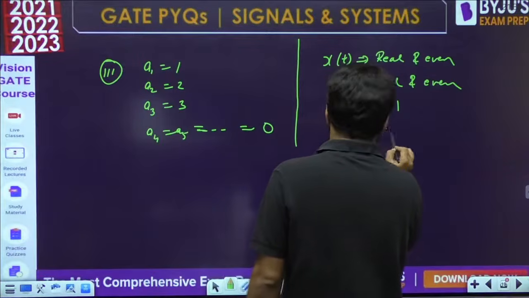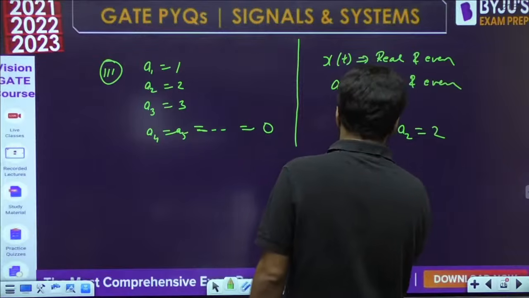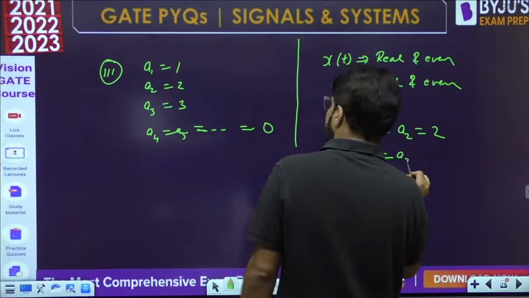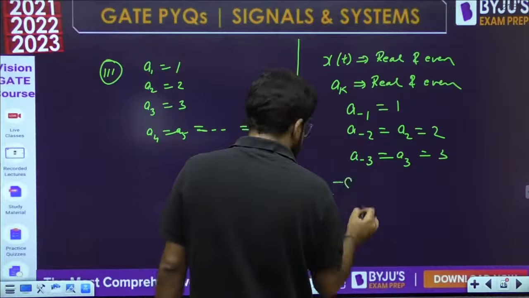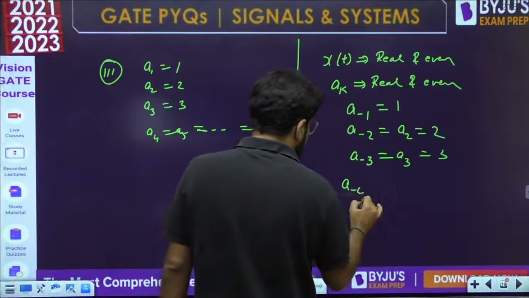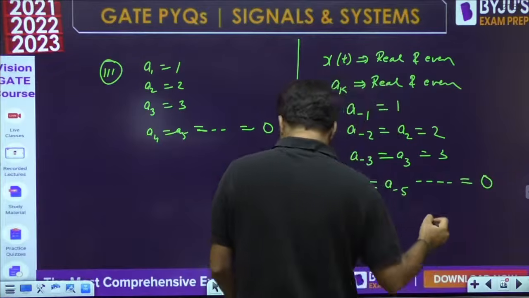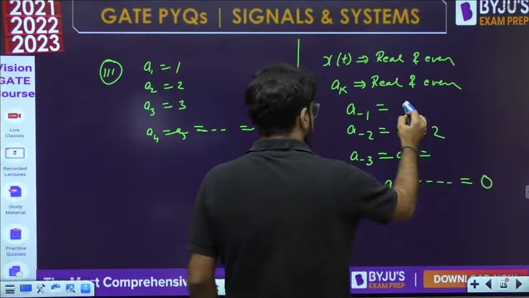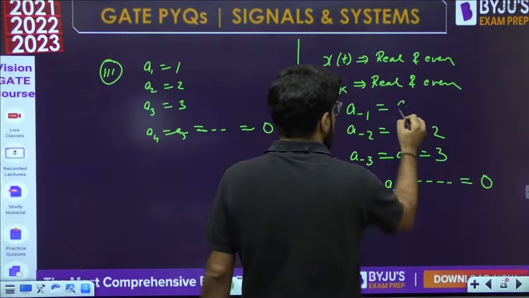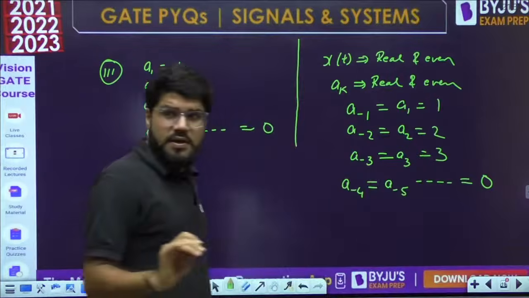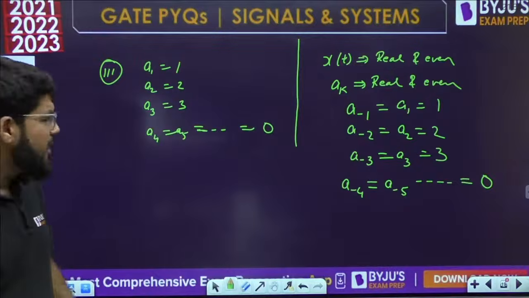A minus 2 will be equal to A2, that is equal to 2. A minus 3 will be equal to A3, that is equal to 3. Similarly, A minus 4 and A minus 5, all of these would be 0. Clear? ठीक है, done है.